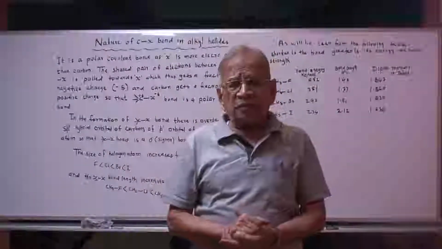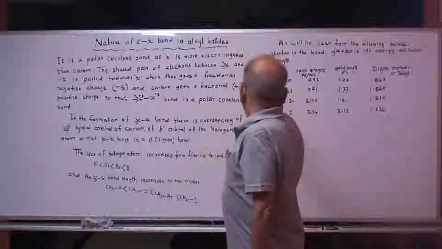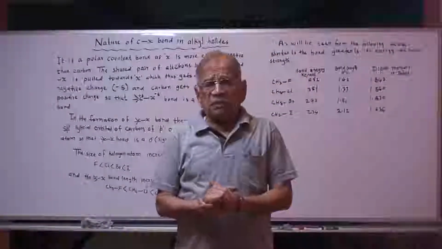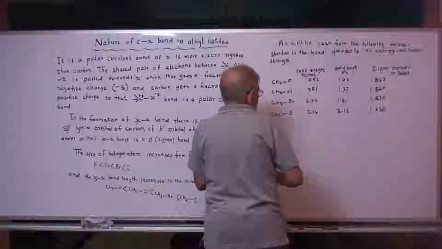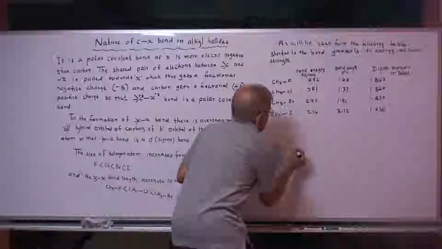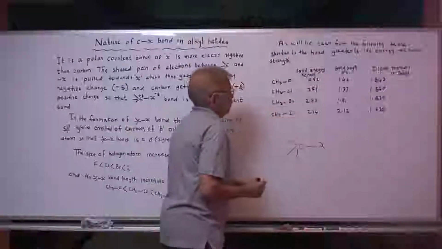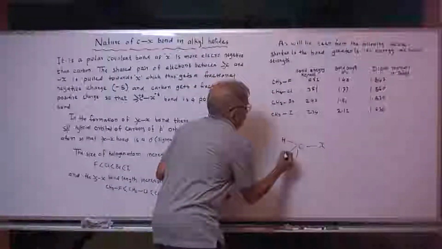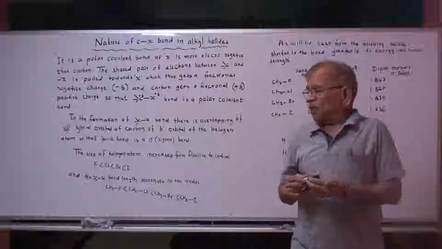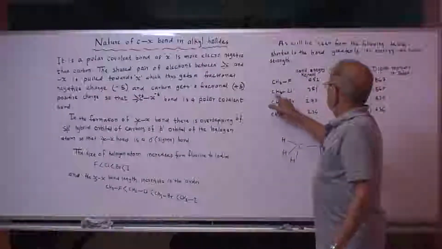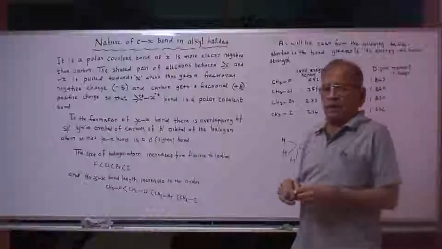Now let us go back. I raised the question why we have selected the carbon-halogen bond from the methyl group, CH3-X, where X may be fluorine, chlorine, bromine, or iodine.